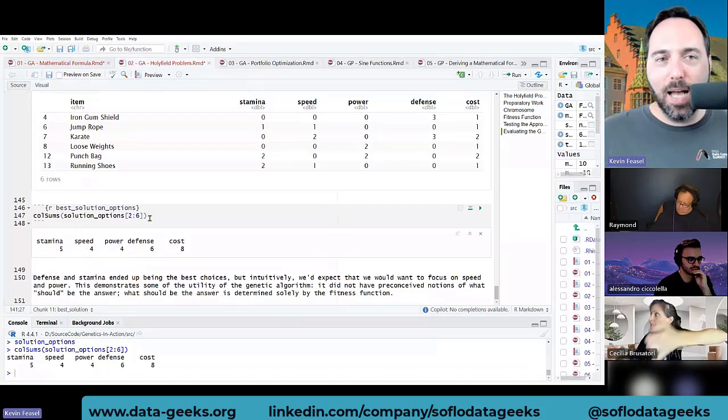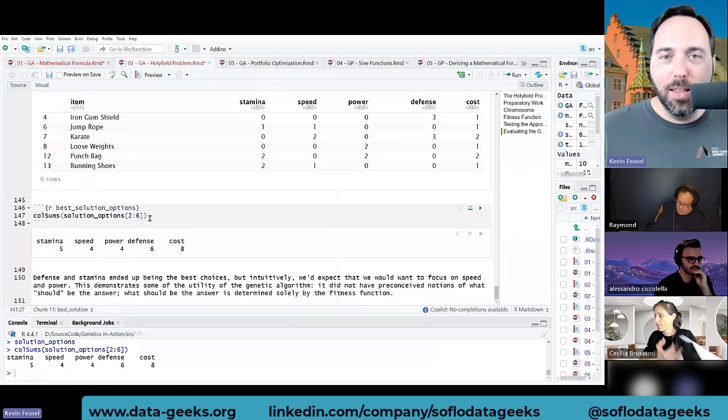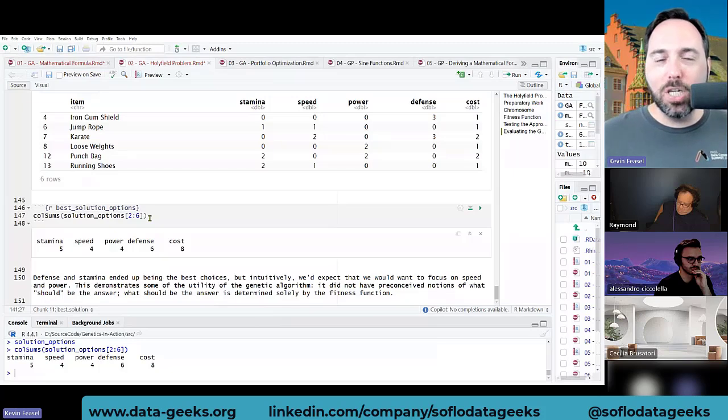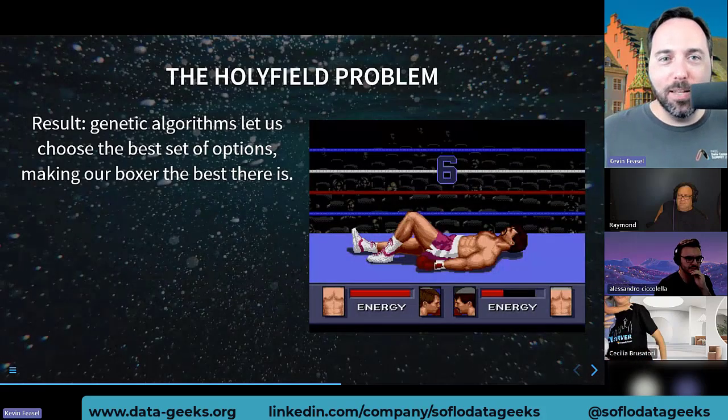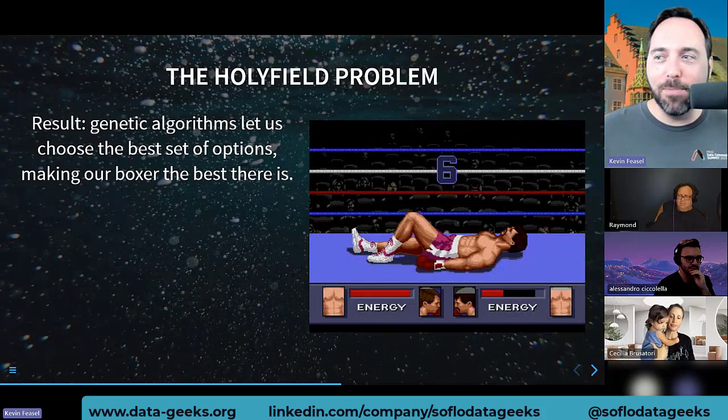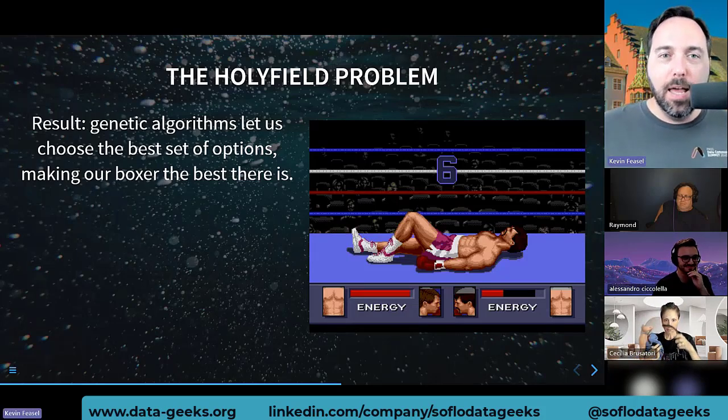But given the way that I designed the fitness function, which we wouldn't have known, the machine wouldn't know, or the player of the game wouldn't know, it turns out that actually optimizing for a slightly different set of results turns out to be superior. That's an example of the knapsack problem as designed by someone who played a game of people hitting people, but letting us choose our best set of options.